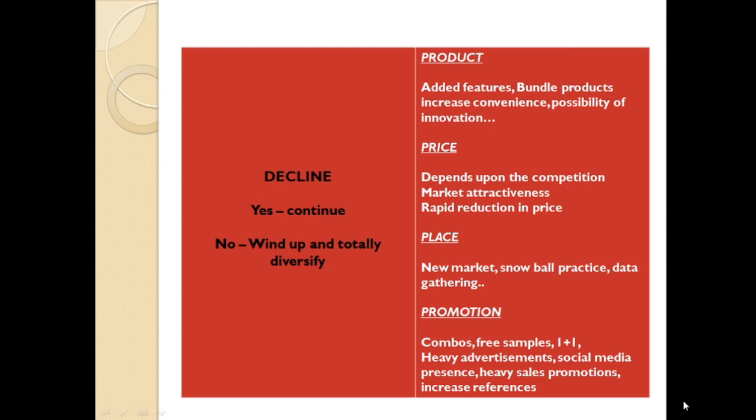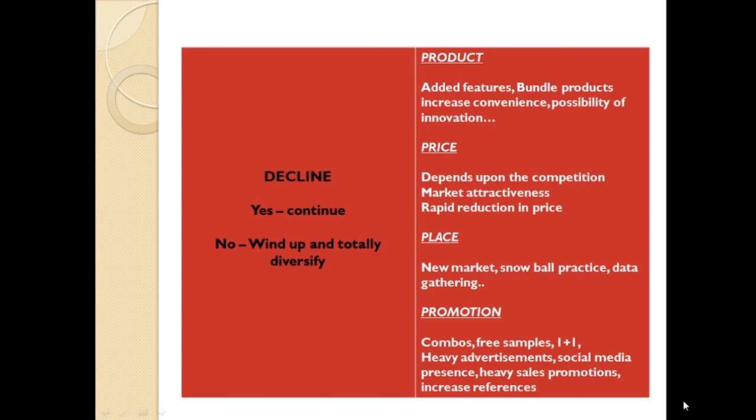Whatever strategies are followed in new markets, as far as place is concerned, in the maturity stage, the same thing holds good in the decline stage also. So finally comes the promotion part of it. Same strategy of maturity, but here you have to go for heavy sales promotion, not compromising the profit.